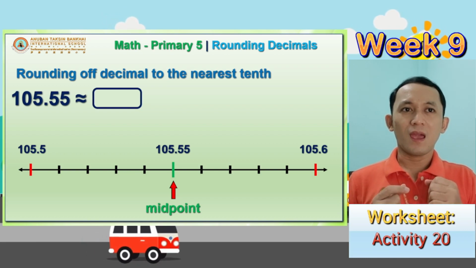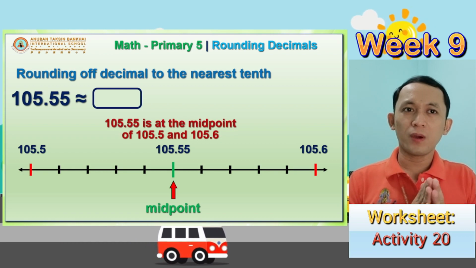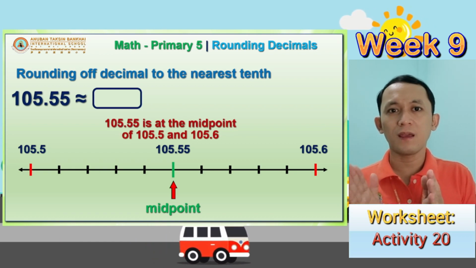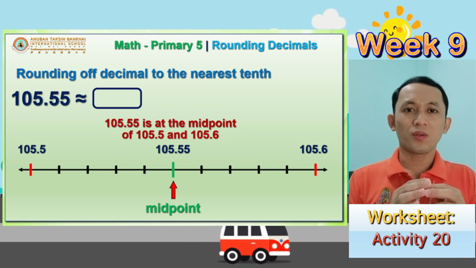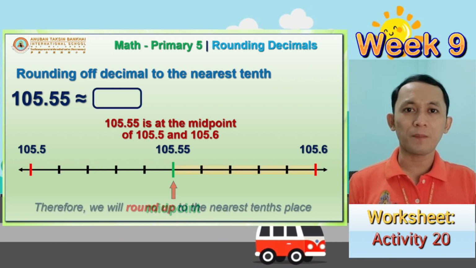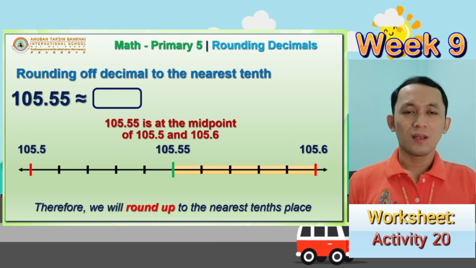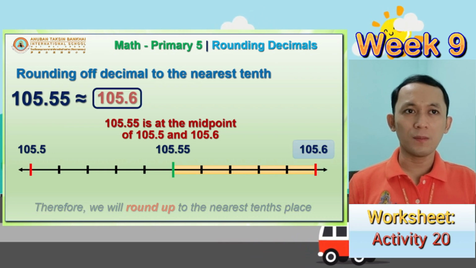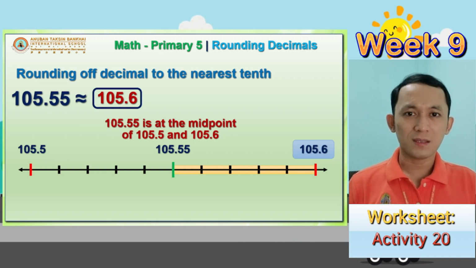Again, 105.55 is at the midpoint of 105.5 and 105.6. So therefore, we are going to round up to the nearest tenths place. So our answer will be 105.6.